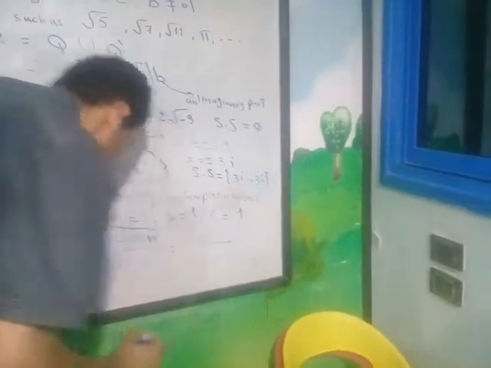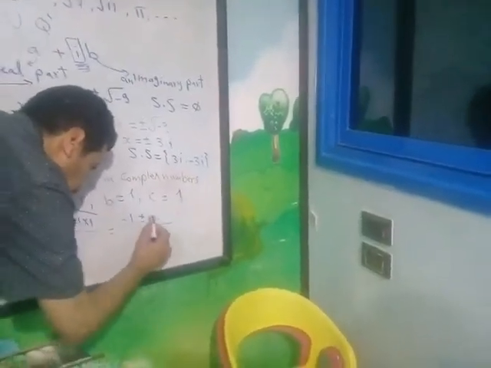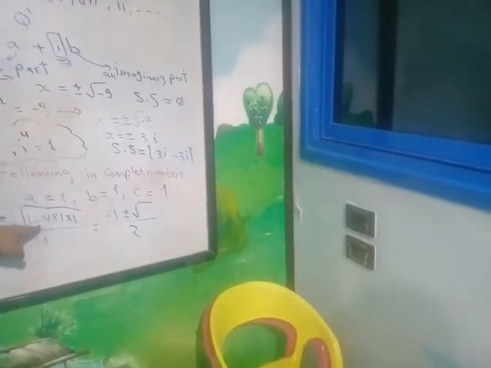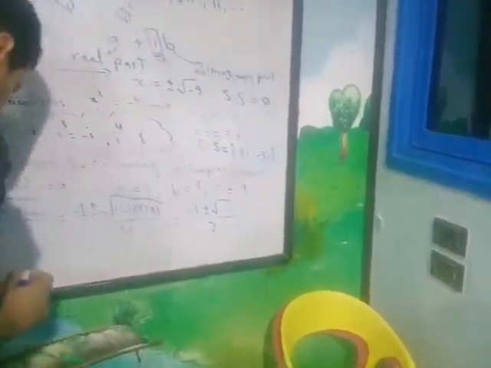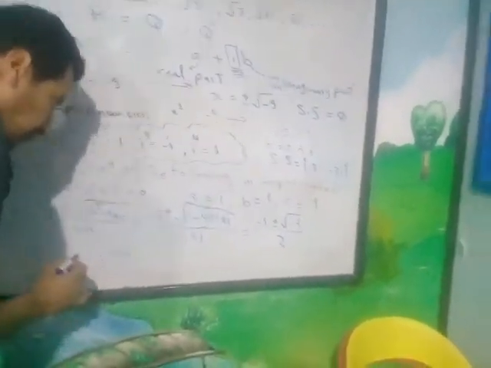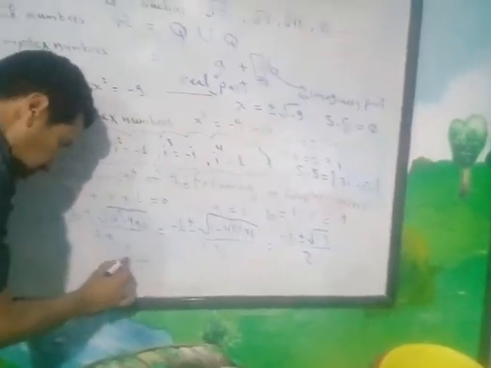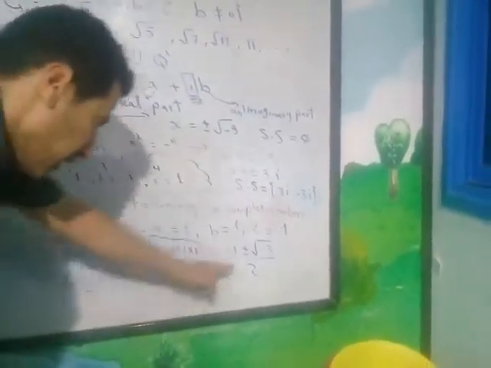So the denominator 2, negative 1 positive or negative square root of 1 negative 4, negative 3. That means x equals negative 1 positive or negative square root of negative 3 over 2, that means i.